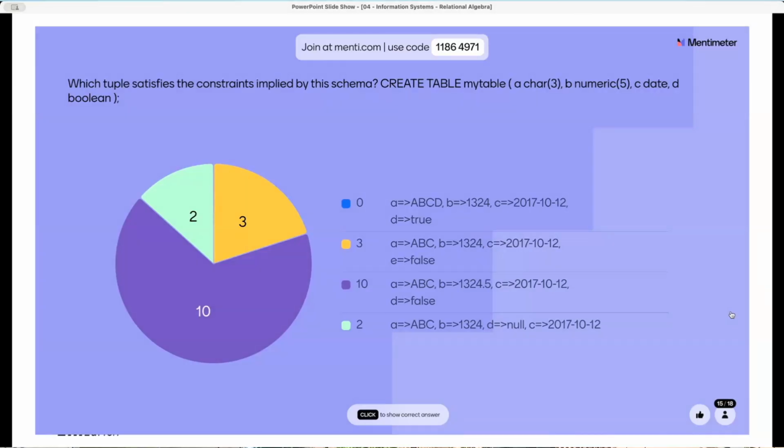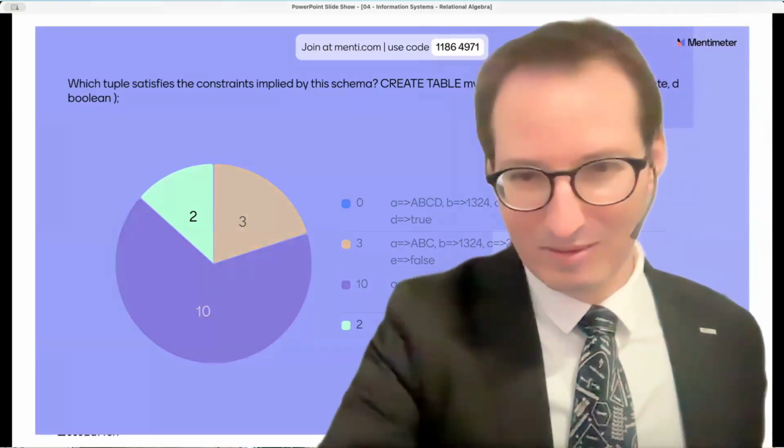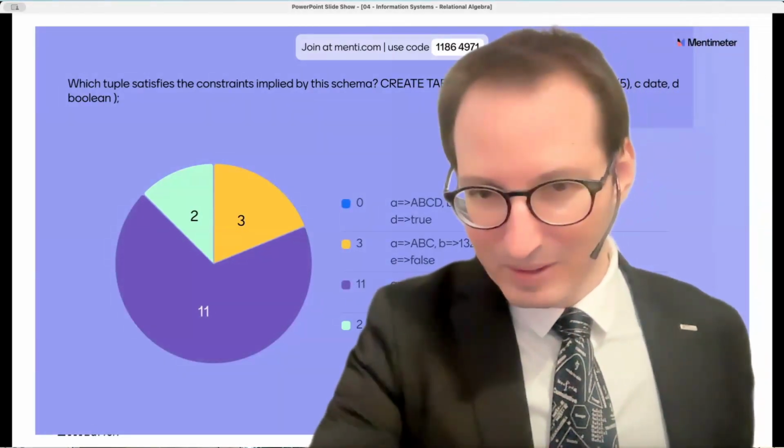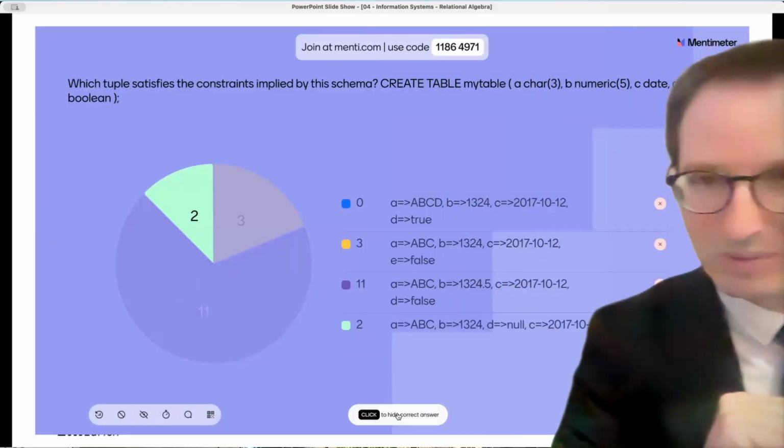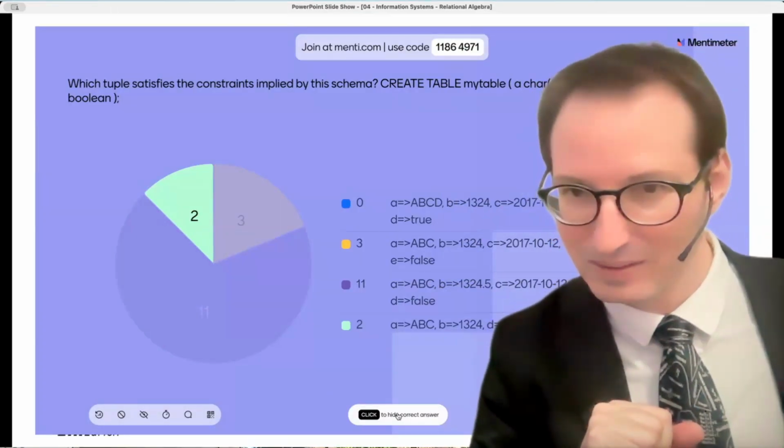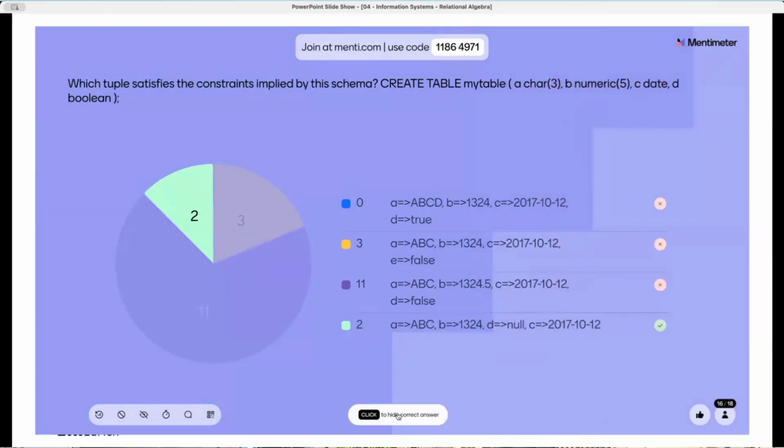You can still change your answer if you want, but be careful, the majority is not always correct. Okay, and the correct answer is, if I entered it correctly in the system, yes, that's the correct answer. The fourth one.